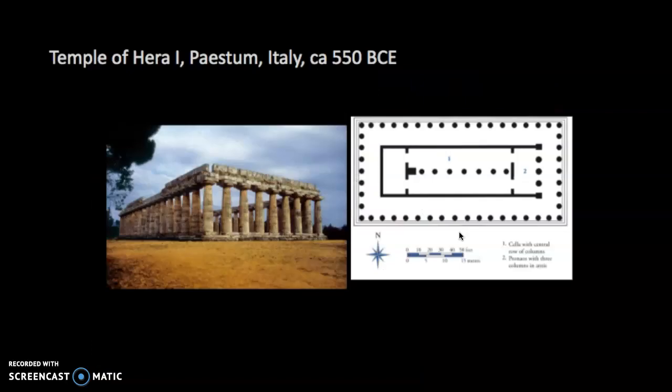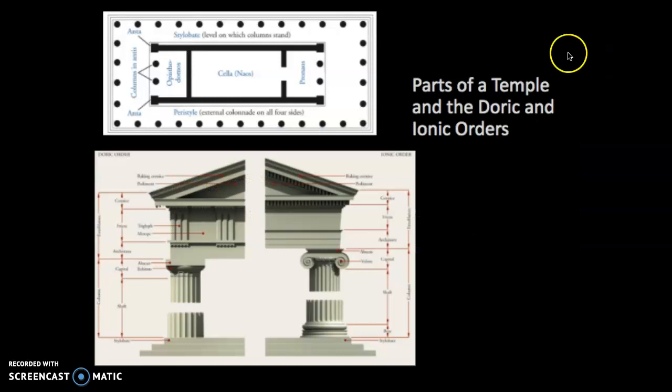Now, the Temple of Hera is the oldest Greek order. That's called Doric, and that's what we see here. What we see is the capital of the column is just a flat disc. There's no base, so the shaft just sits straight here on the stylobate.